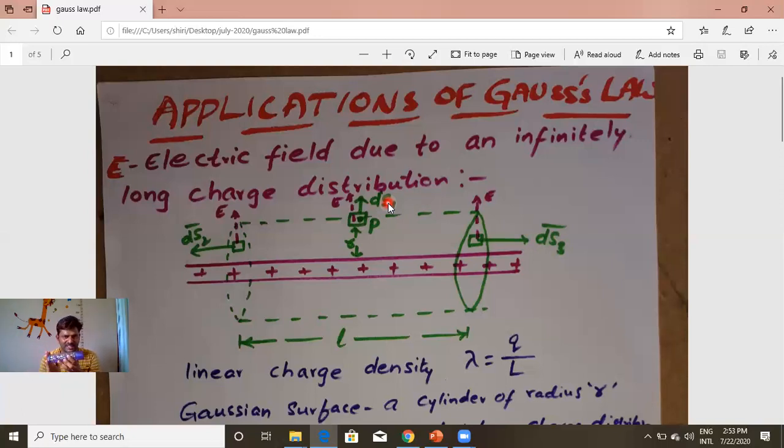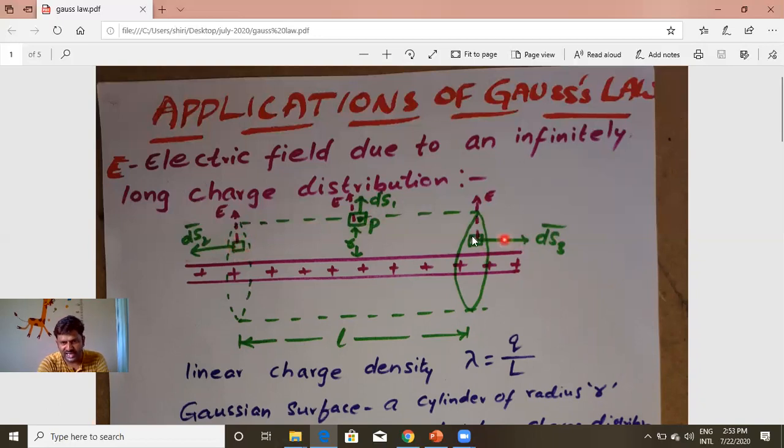Then what about the faces? Even for the faces, I will consider a small element, calculate the electric flux from that element, and integrate over this face. Similarly, it is shown in the figure. On the curvature side, I selected an element ds1 at point P, and on the left side face end, I selected an infinitesimal areal element ds2.